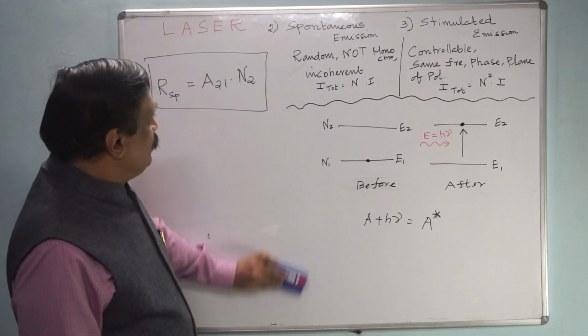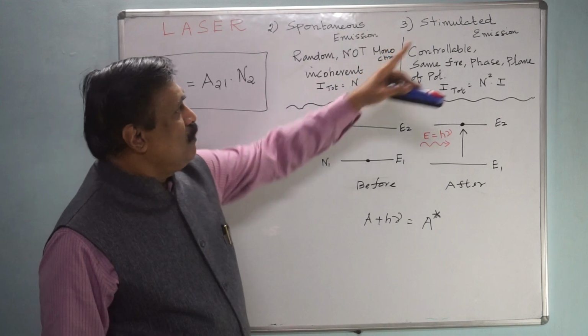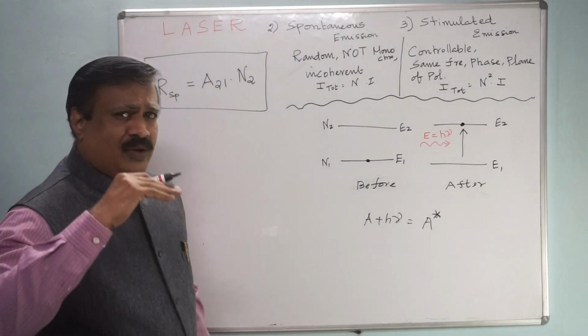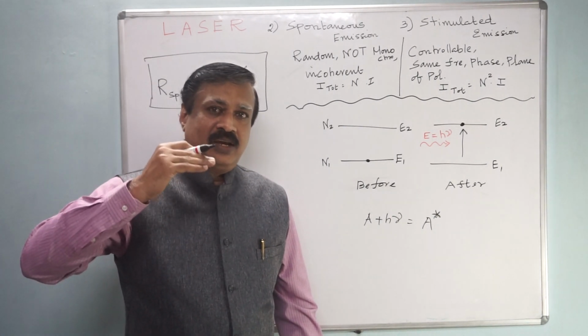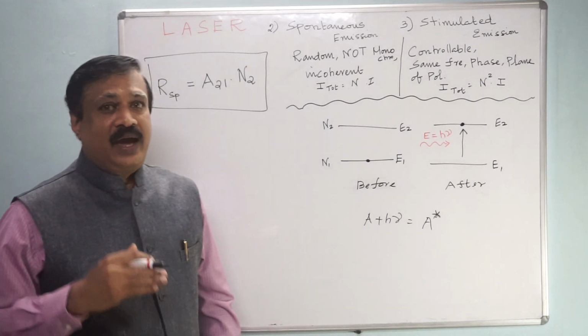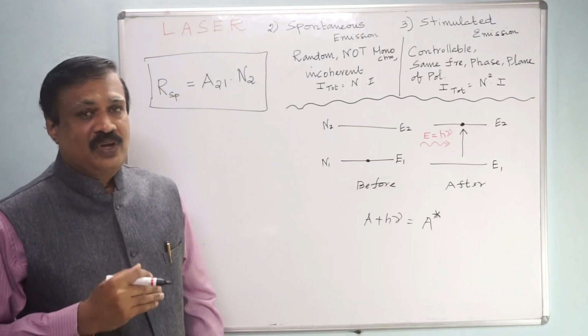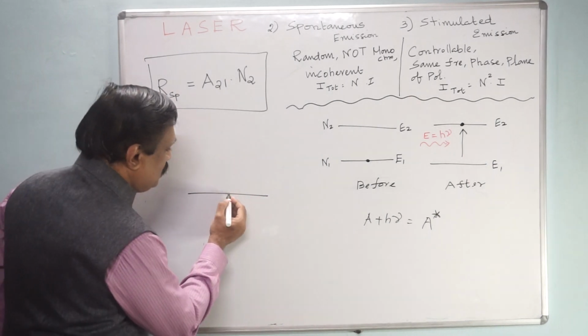Now let us see the next one, stimulated emission. Stimulated emission means what? Here I have to say one thing: achievers think differently. Einstein is an achiever, therefore he thought differently. How did he think? In the induced state, the atom is in the ground state.